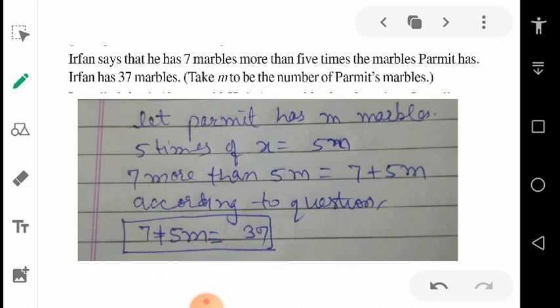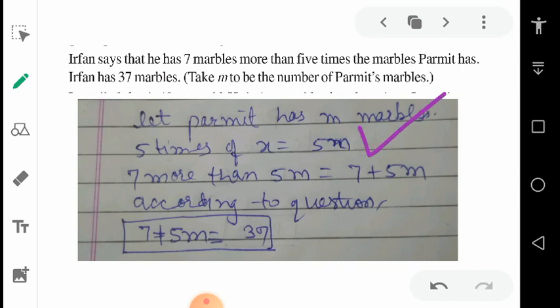According to the question, let Parmit have m marbles, then 5 times m is 5m, because it is given in the question that Irfan has 7 marbles more than 5 times, so we multiply m by 5 and we have 5m here.